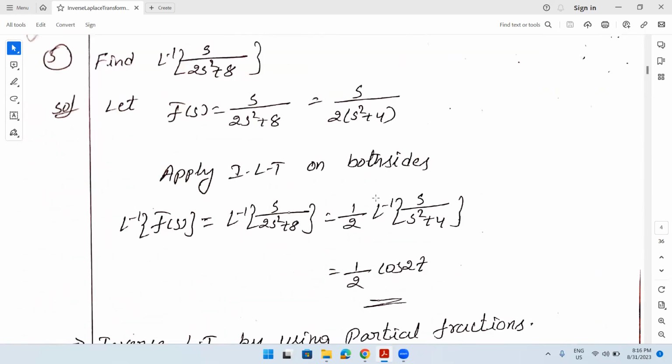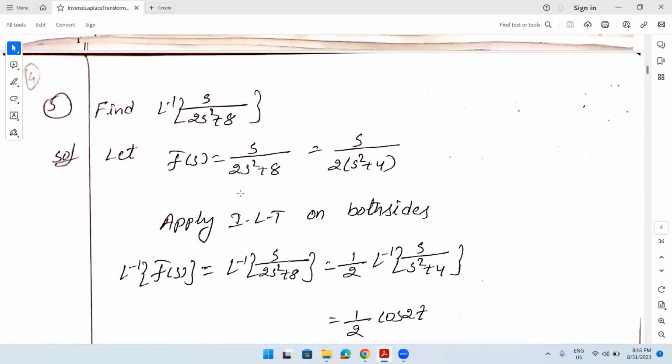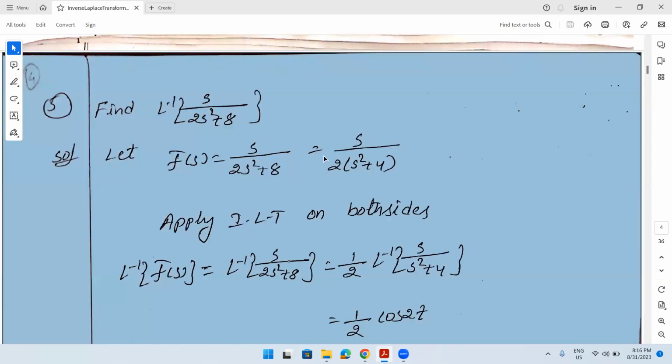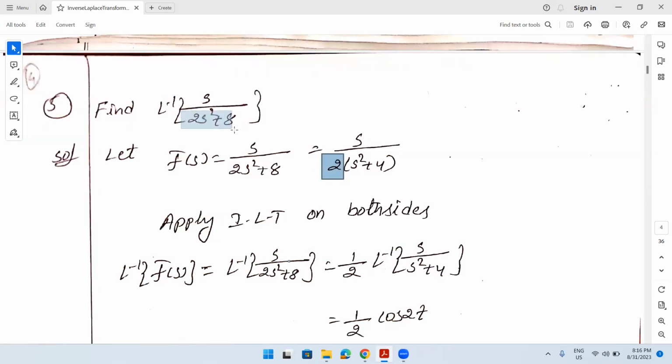Let us see the last problem in this topic, that is using the basic formula. Advanced problems, let us see in the next topics. Now we see the fifth problem, L inverse of s by 2s square plus 8. Here also we take 2 as common. Whenever a constant is there, we have to take it as common. After taking 2 common, we get 2s square plus 8 as 2 into s square plus 4.